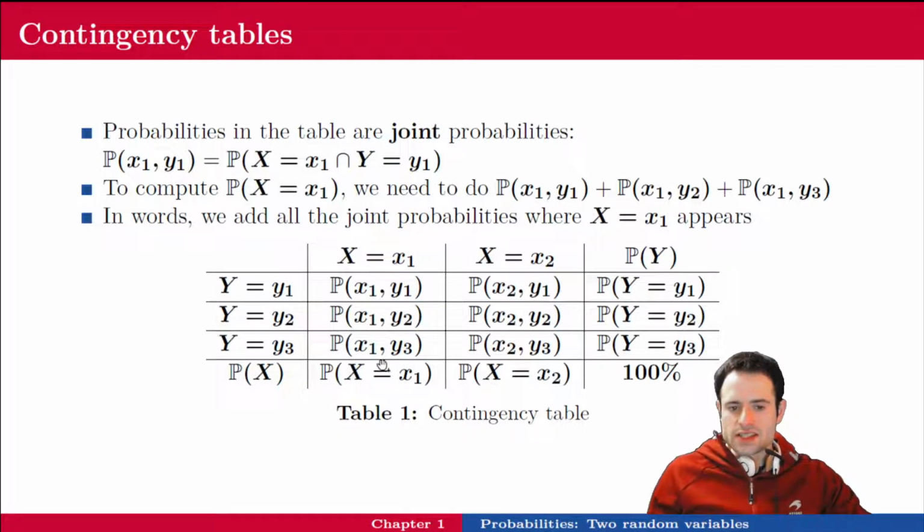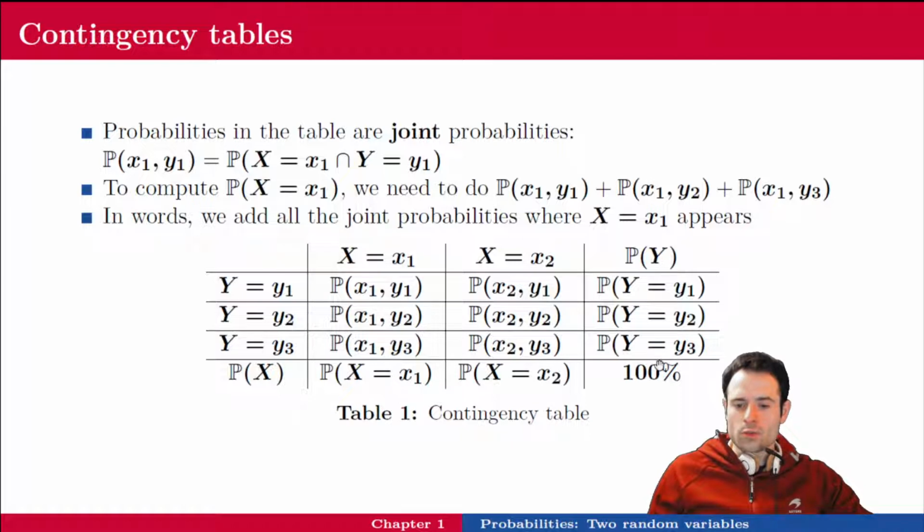Now, since x can be equal to either x1 or x2, when you add these two probabilities together, you get 100%. There is a 100% chance that x is equal to x2 or x1. The same way, when you add the three different probabilities for y, because y can be equal to three different values, when you add them all, you should get to 100%.